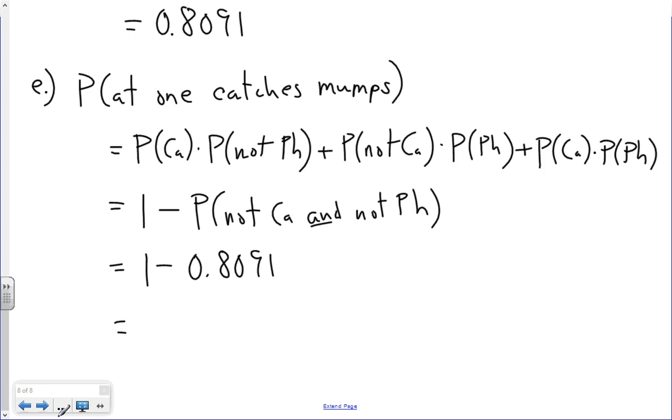What do we get? 0.1909. There we go. There's the probability that at least one of them catches the mumps. There's a 19% chance of that. All right, that right there is the end of section 14-6.